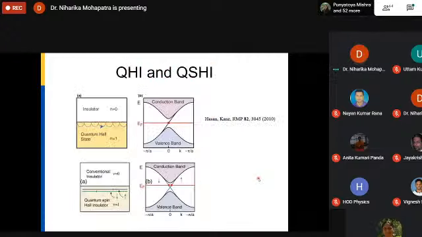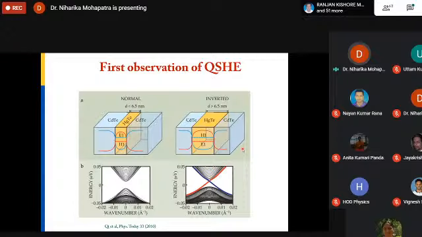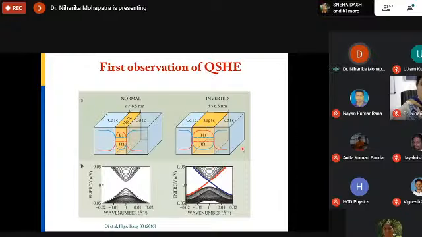Okay, so this is further explained. How do we understand this quantum Hall system and quantum spin Hall system? So this basically represents a quantum spin Hall system. Why? Here we observe this without magnetic field, and the role of magnetic field is played by the spin orbit coupling here.